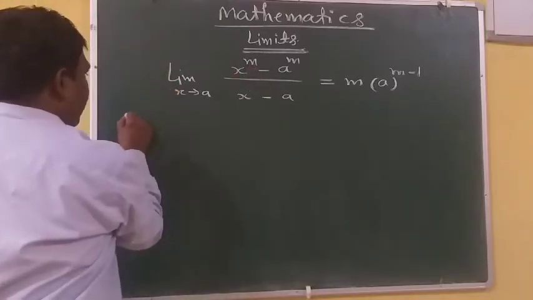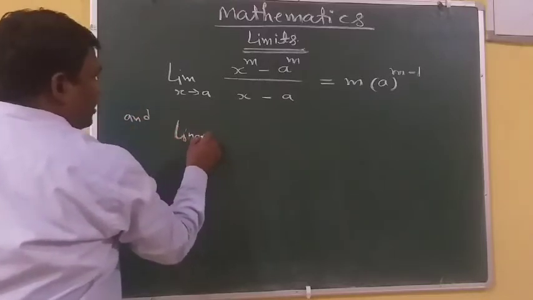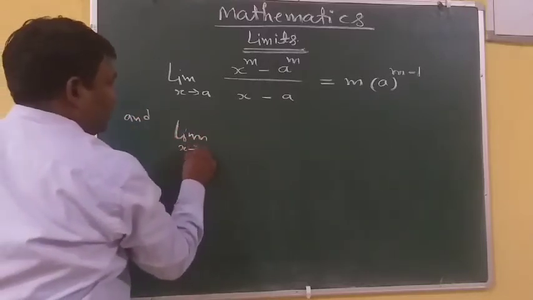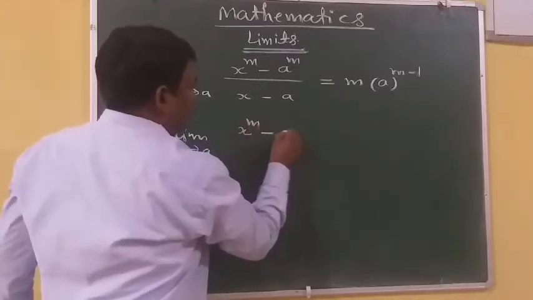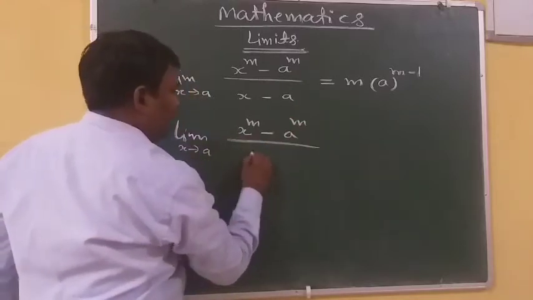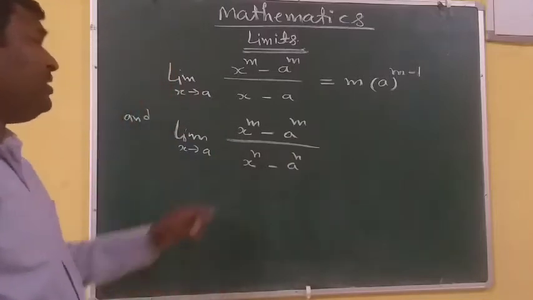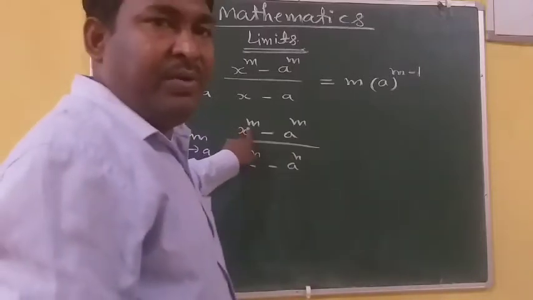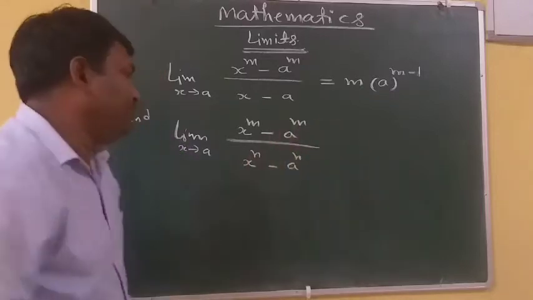And one more standard result, limit x tends to a, (x power m minus a power m) upon (x power n minus a power n). See here, in numerator a different power and in denominator a different one.